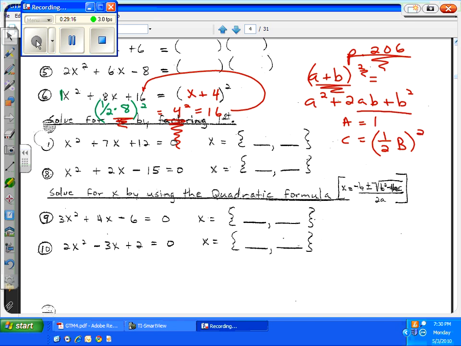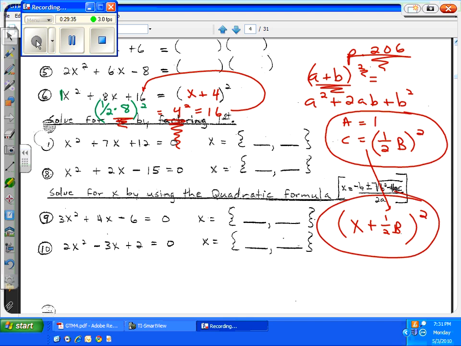If a is 1 and c is equal to 1/2 of b squared, then it's going to factor into the binomial square x plus whatever half of b was, quantity squared. So let's shortcut this thing.